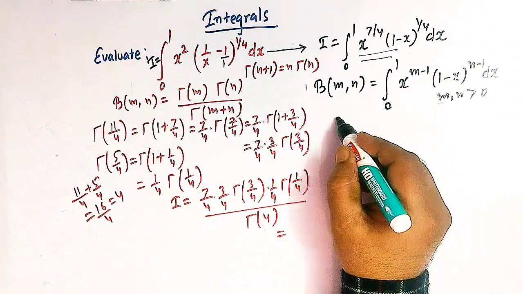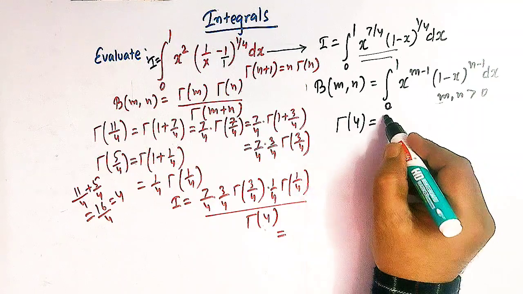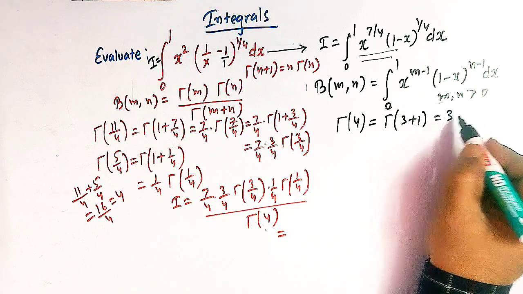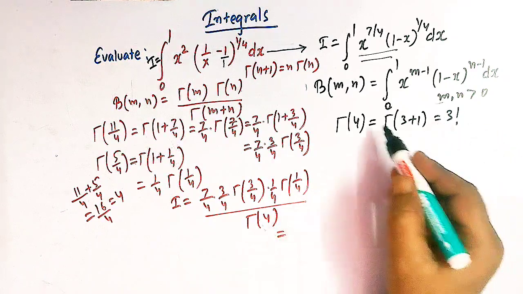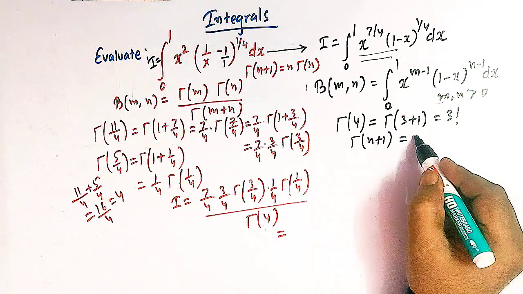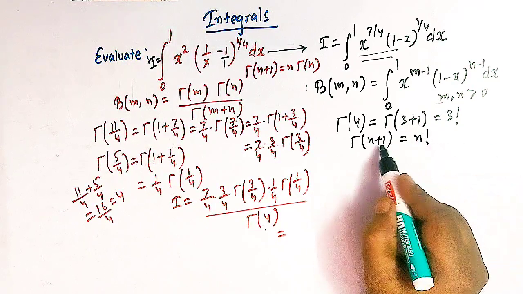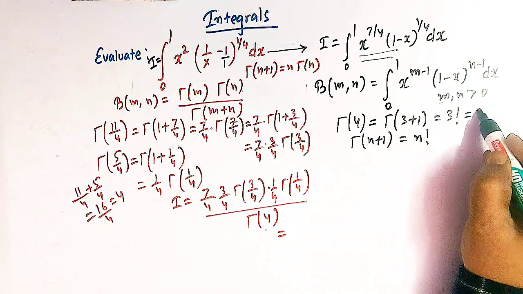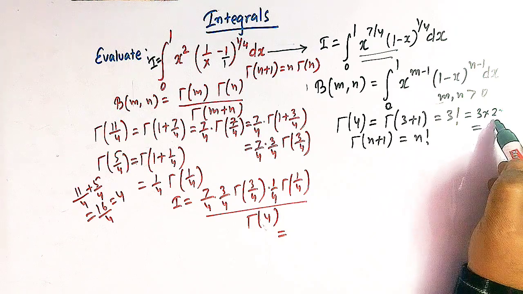So now gamma of 4 can be written as gamma of 3 plus 1, that is equal to 3 factorial, right? Because we know this relation gamma of n plus 1 is equal to n factorial when n is a positive integer, right? So 3 factorial is 3 times 2 times 1, that is 6.